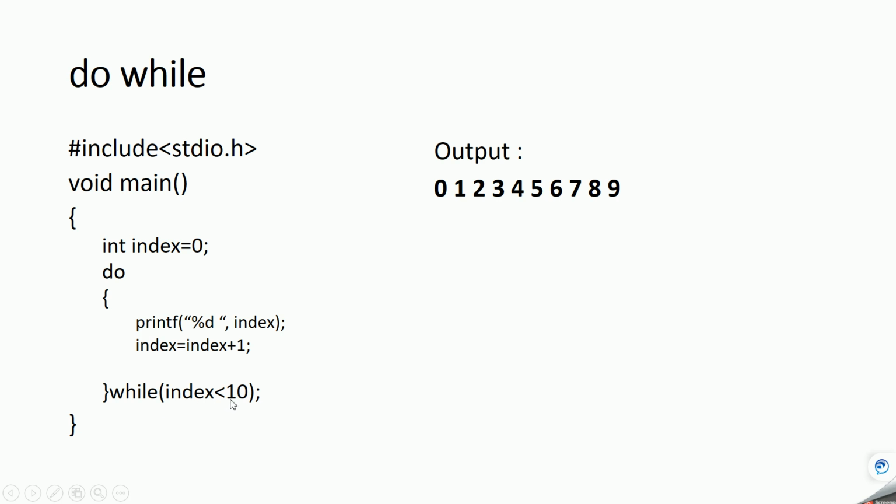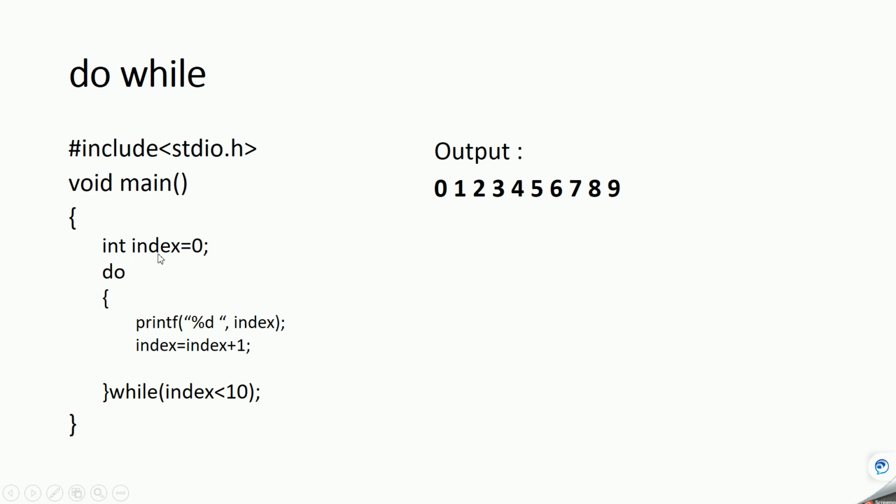After printing 9, the value of index will be 10. So 10 is less than 10, it is false. So it will not go inside this body, instead it will come out and stop the execution. In this case it will print 0 to 9.